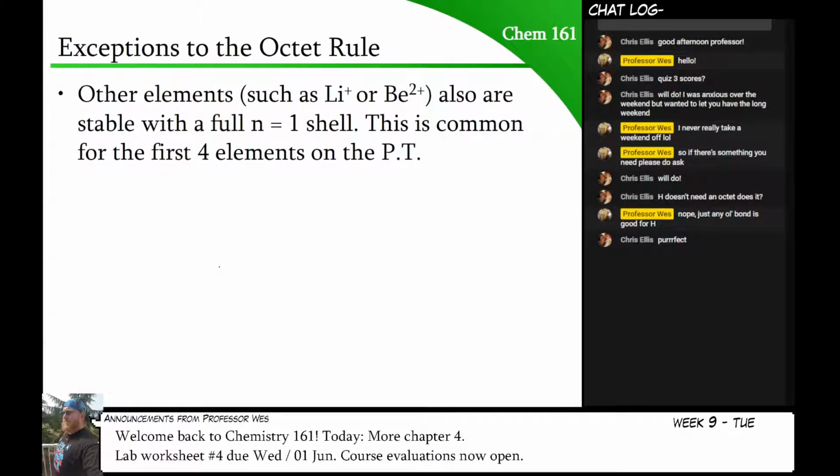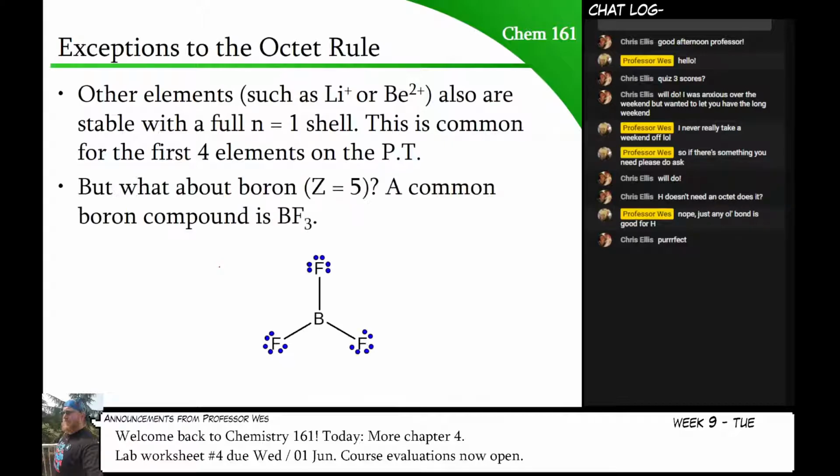Now, some elements, when they form ionic compounds, will try to just be n equals 1 full, and that's it. So, like lithium with a +1, or beryllium with a +2. When you start to get towards the non-metals, though, for example, boron, it behaves a little bit weird. BF3 is a pretty common compound with boron, but you'll notice that it did not follow the octet rule.